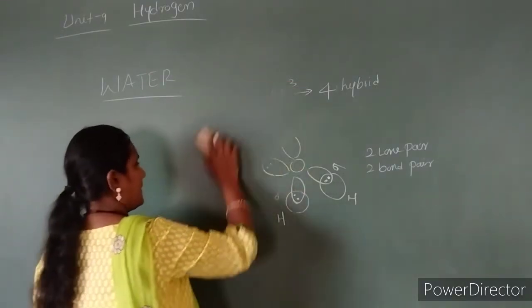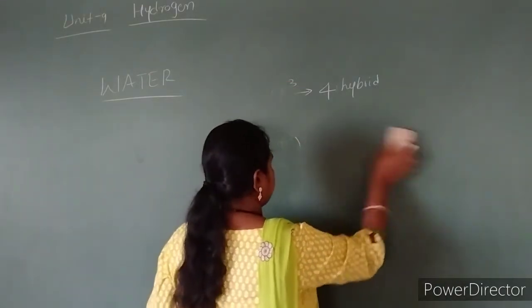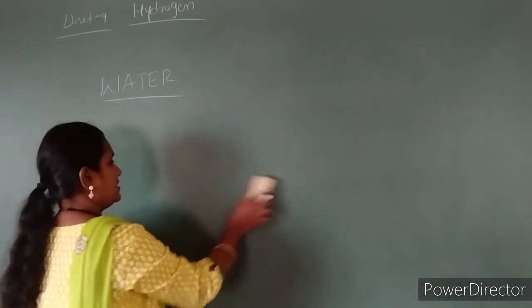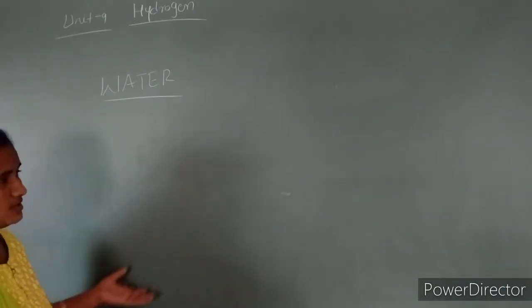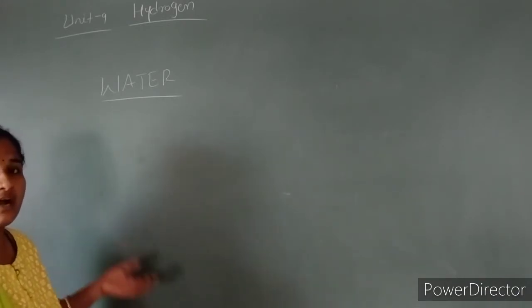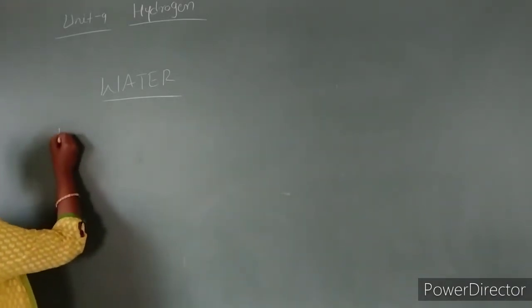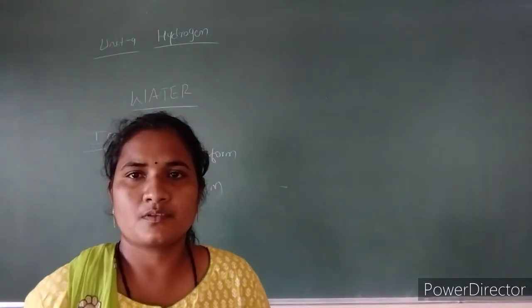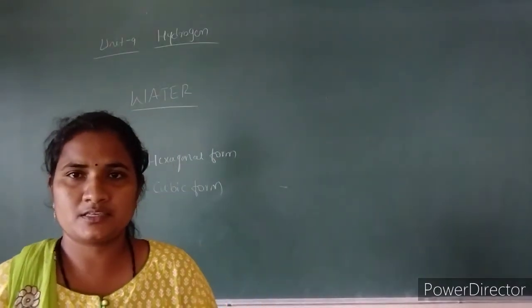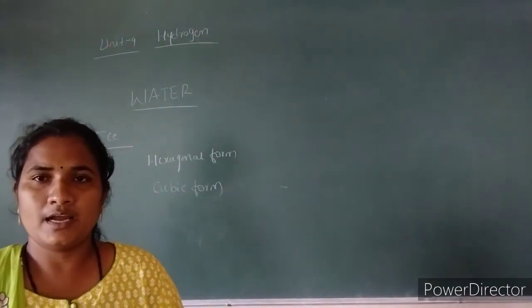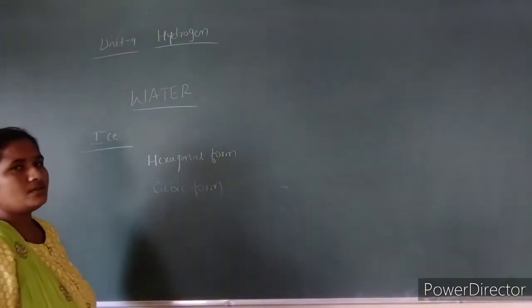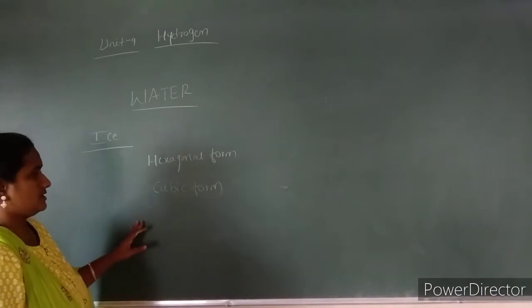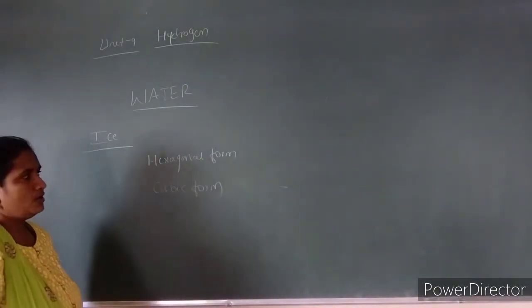So next is ice. Water shows unusual properties. It exists in liquid form as water, and in solid form as ice. Ice is the crystalline form of water, and it has a hexagonal structure at atmospheric pressure, and it exists in this form at low temperature.